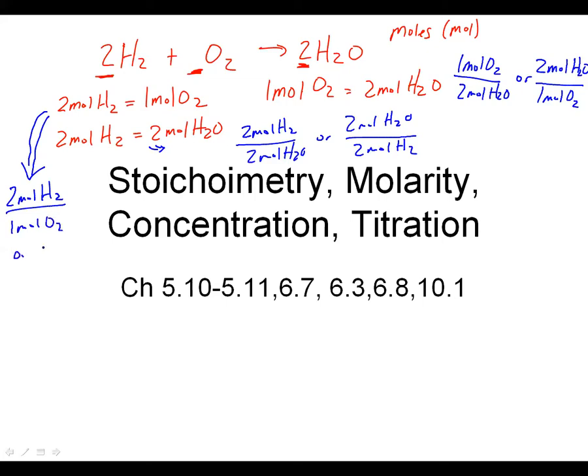Or we can say for 1 mole of O2 on top, there are 2 moles of H2 on the bottom. So really from this one equation, we're able to come up with essentially 6 different conversion factors.